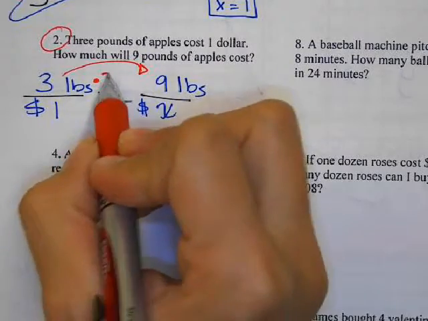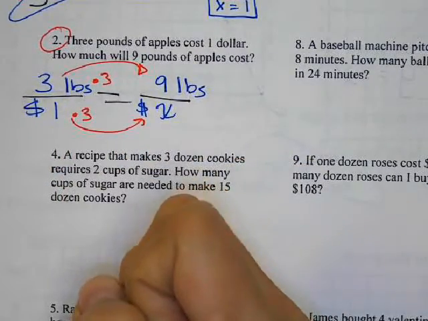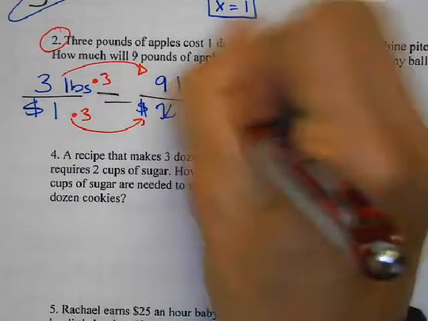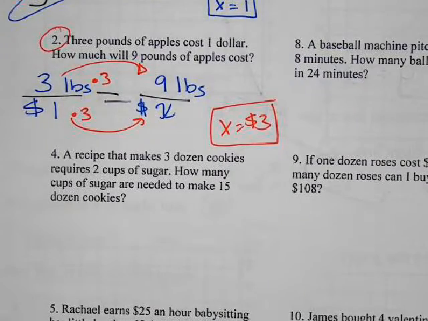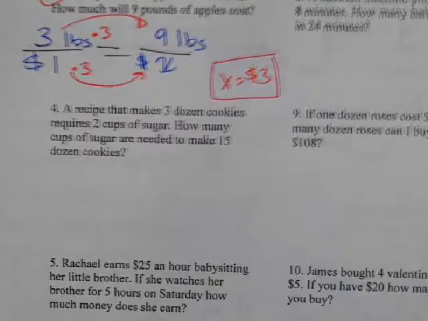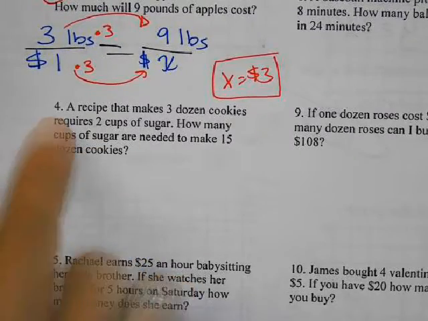Multiply by what? And what's your answer? So x equals $3. All right, go ahead and read number 4 to yourself. At this point, if you're feeling comfortable, go ahead and work ahead of me.